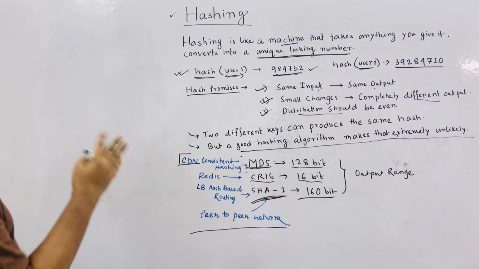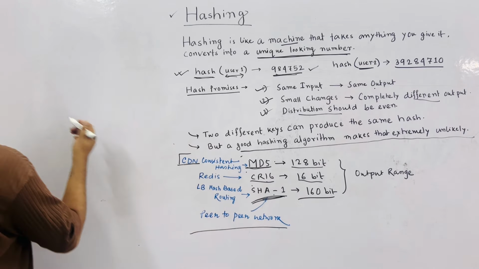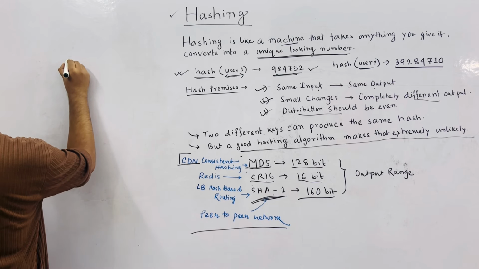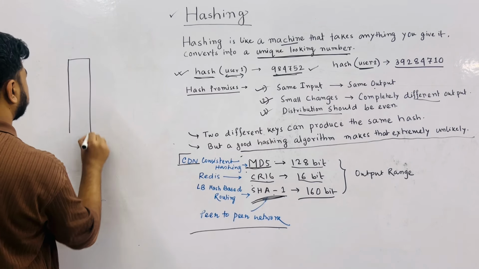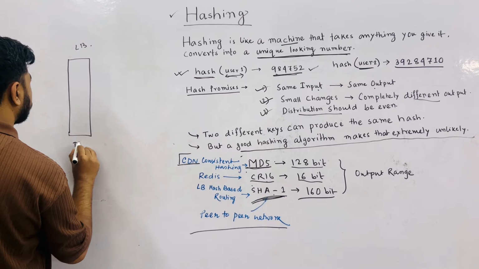But I want you to understand the whole idea of what exactly hashing is, right? So I just wanted to give an example now. Suppose this is a load balancer, and this load balancer is using IP hashing.